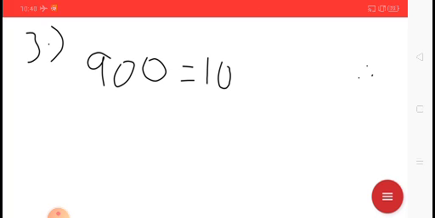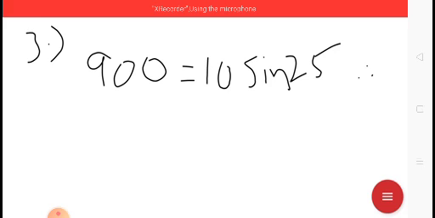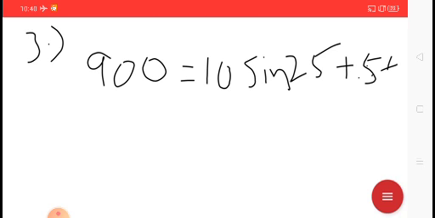The vertical speed is 10 sin 25, plus half at squared, and now a is positive, because the direction of movement is the same as the gravity.